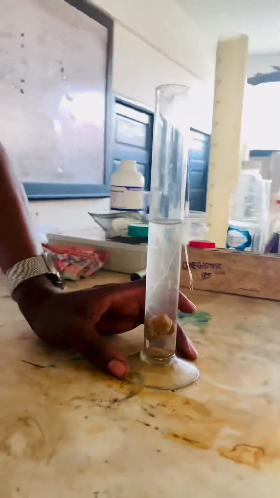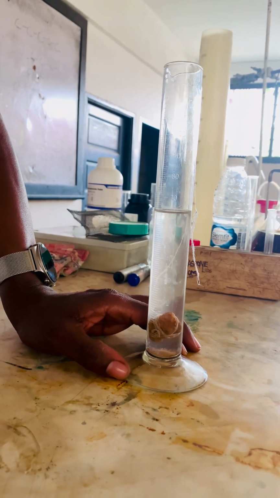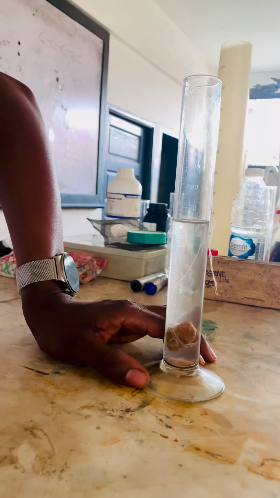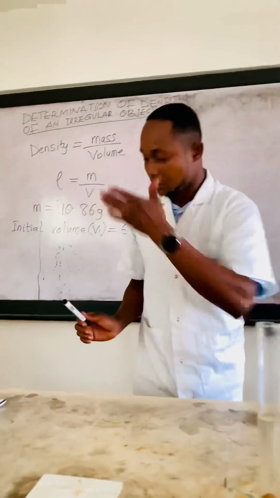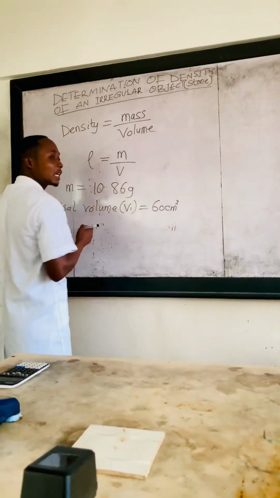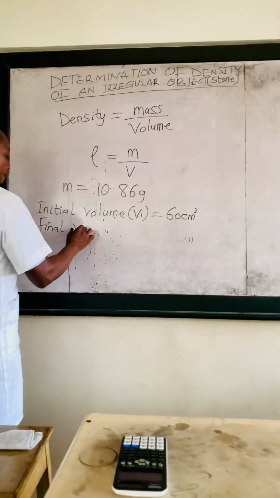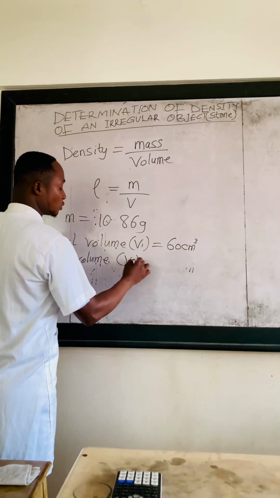Class, let's look at the water level now. The water level has risen, it has moved up. It's on the 63 centimeters cube mark. That is the final volume of water. That is V2, which means volume 2.